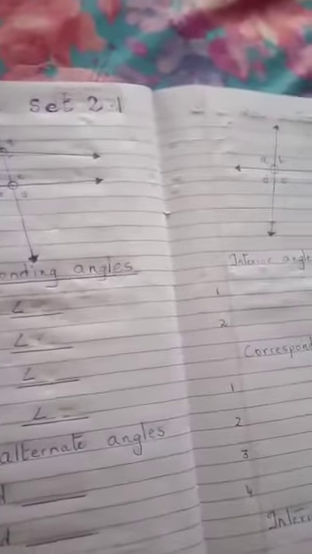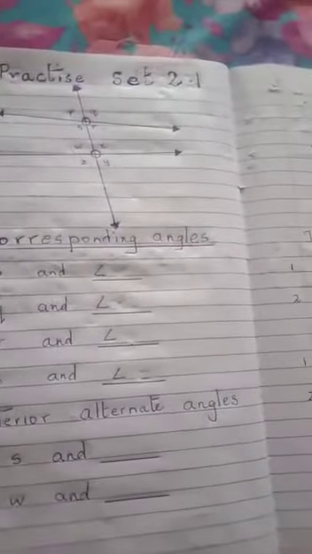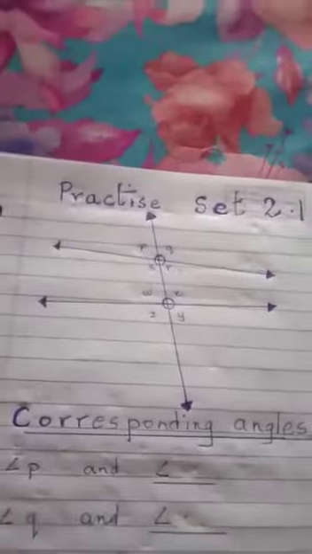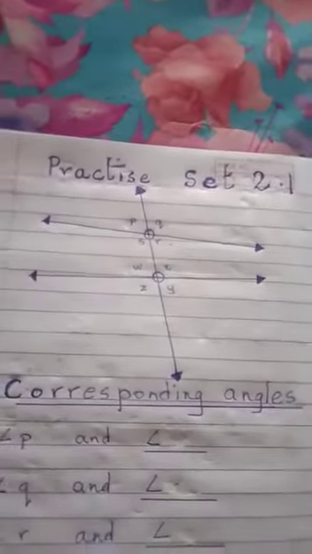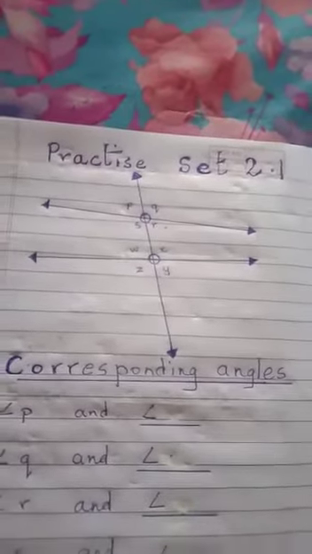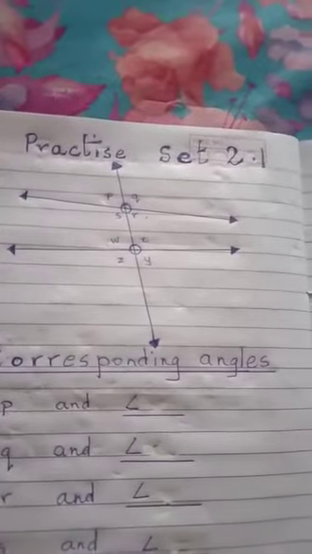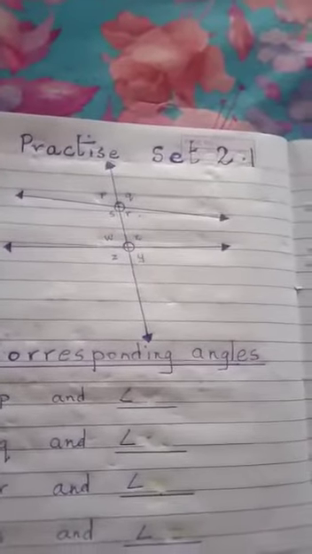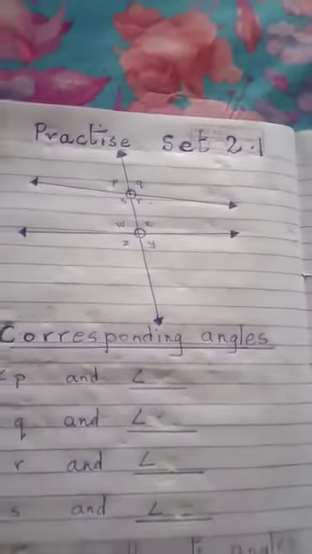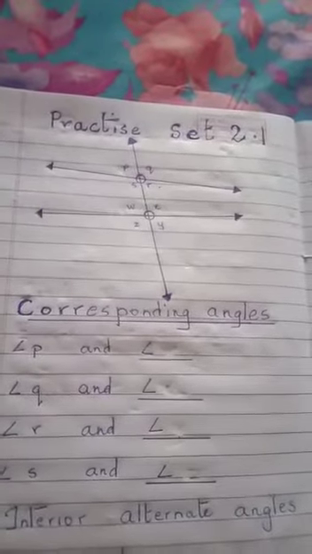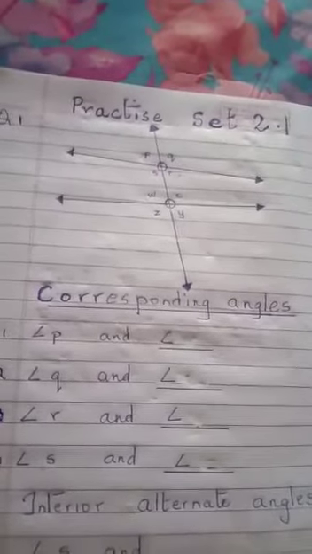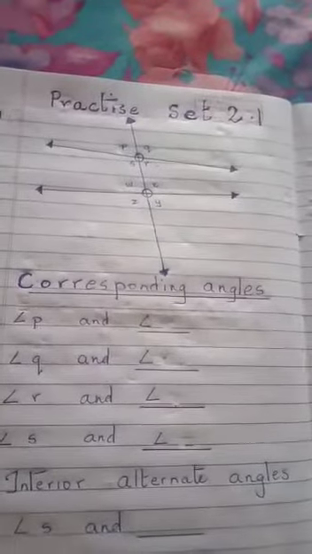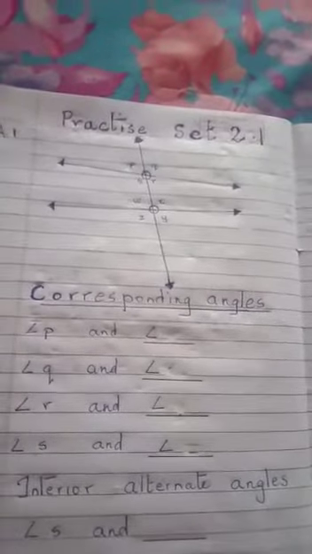The question reads, in the adjoining figure, each angle is shown by a letter. Fill in the boxes with the help of the figure. And in part 1, we have to fill the corresponding angles.